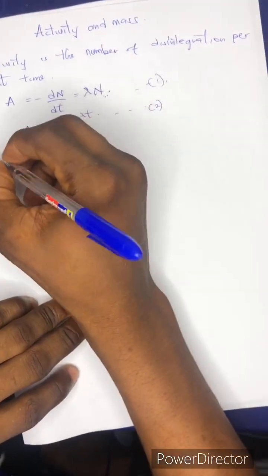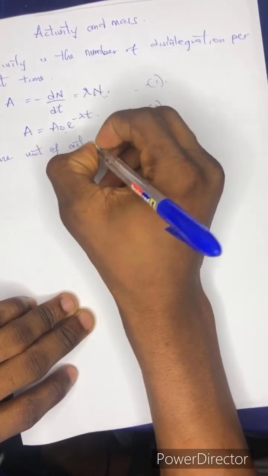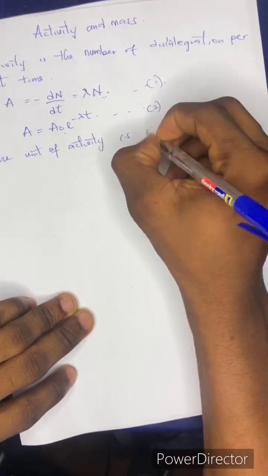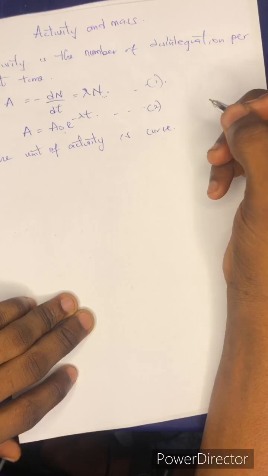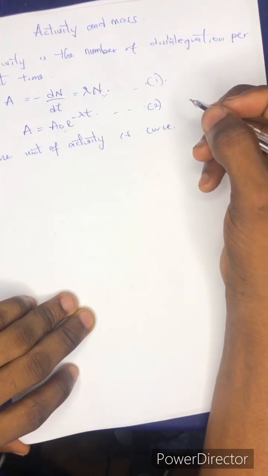Now the unit of activity is Curie. Are we there? The unit of activity is Curie. It's not curry that they use to cook, but it's Curie.